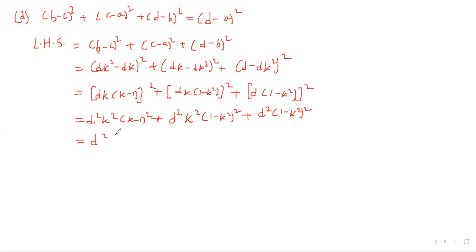Now D square is common, so it is K square into K minus 1 whole square plus K square into, this 1 minus K square is again written as 1 minus K into 1 plus K, and also square in both. So we can write 1 minus K whole square into 1 plus K whole square plus, in the third also D square is already common.